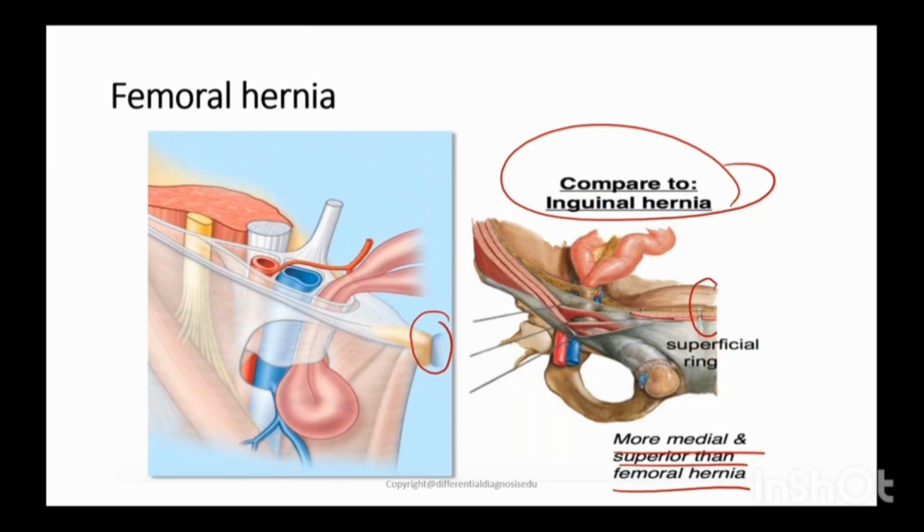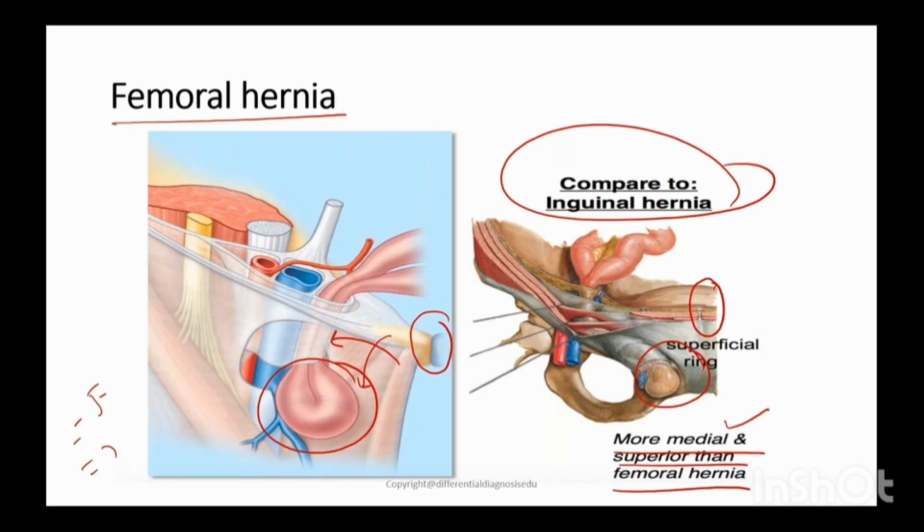In terms of femoral hernia, you can see this is below and lateral. This is femoral hernia. Again, more common in females, high risk of incarceration, strangulation. But in case of inguinal hernia, it is more medial and more superior compared to femoral hernia.